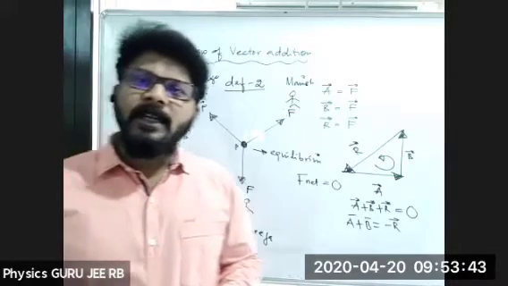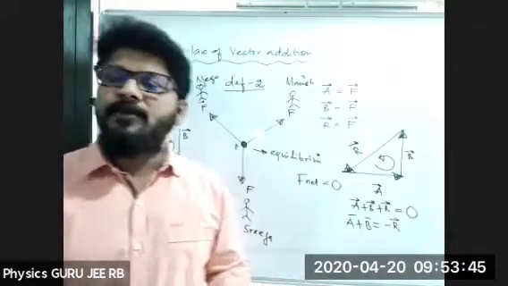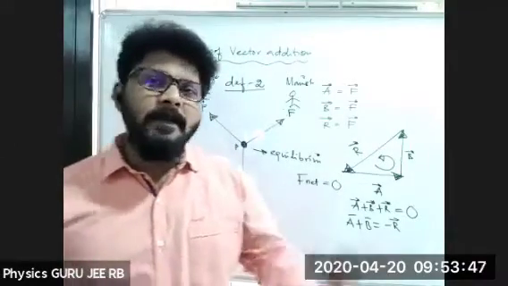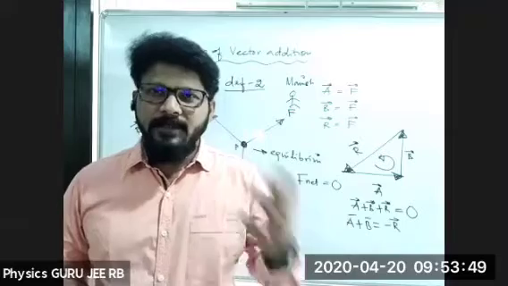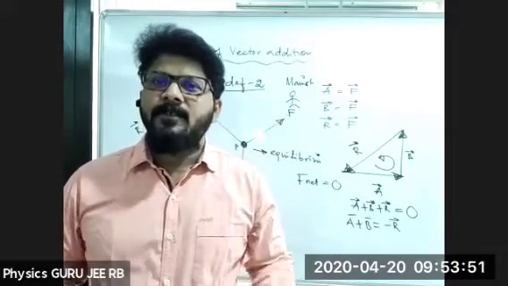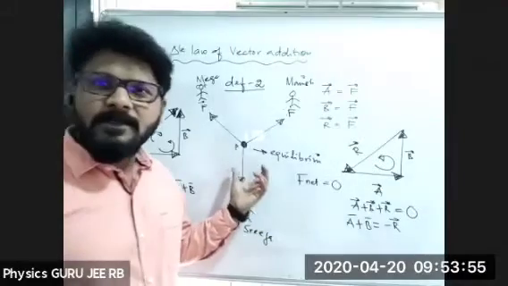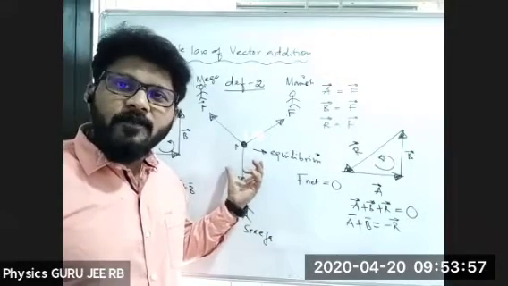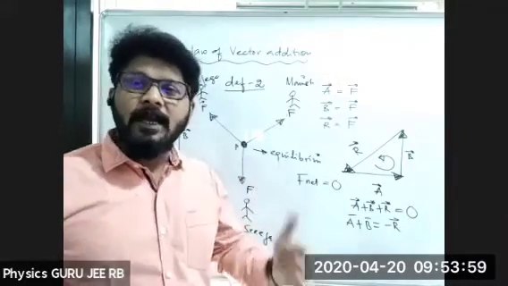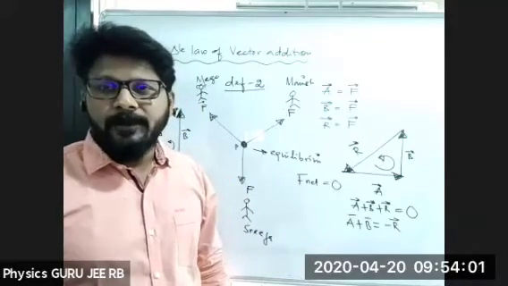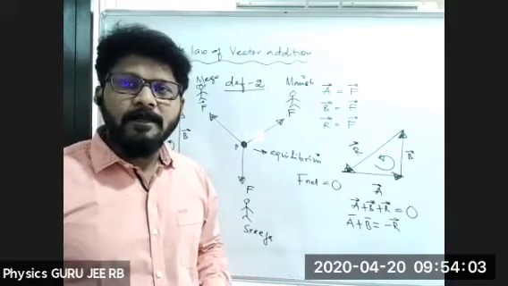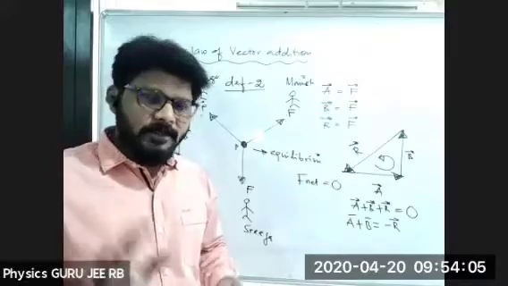And in coming classes, you will learn that when net force is zero, the body may be in motion also. That we'll discuss in coming classes. For the time being, with your knowledge, this is nothing but rest, right? Even when net force is zero, the body can have some motion. Fine. Uniform motion will be there. In coming classes, it will be discussed. Okay.